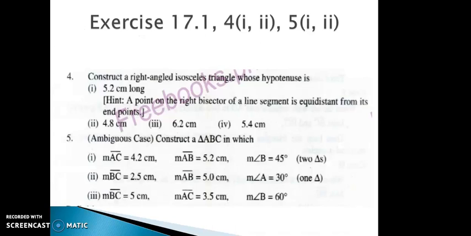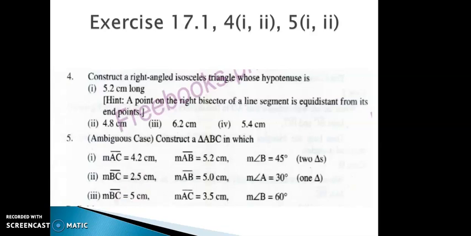Now moving on, question number 4, part 2. Construct a right angle isosceles triangle whose hypotenuse is 5.2 centimeter long, but we have to attempt only parts 1, 2 and 3. Okay, so I am going to solve part number 2, that is of 4.8 centimeter.